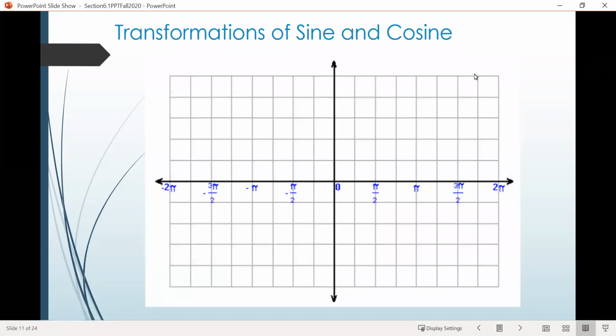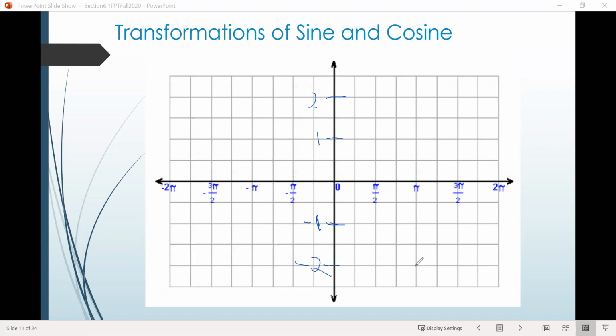So what I'm going to do first here is draw a basic sine wave, and I'm going to draw it on a little different scale than I did before. So this time I'm going to call this one negative one, meaning that this is where 2 is, and this is where negative 2 is.